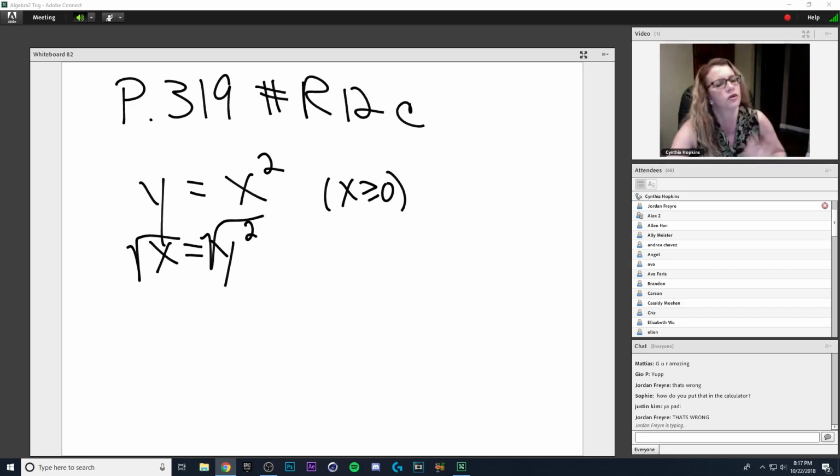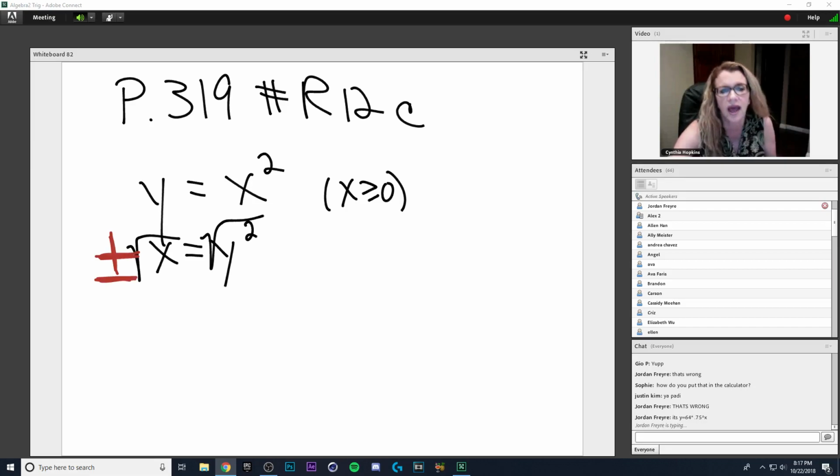Normally, when I take the square root of both sides of a quadratic, I always say, but don't forget plus or minus. I'm making that really big because it's such a big deal. You're solving a quadratic equation. Of course, you should have 2 answers.